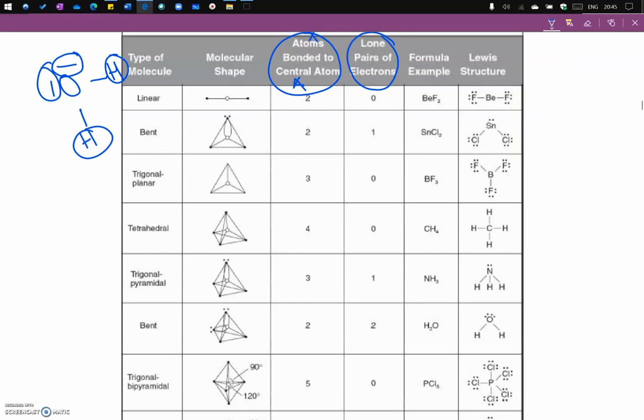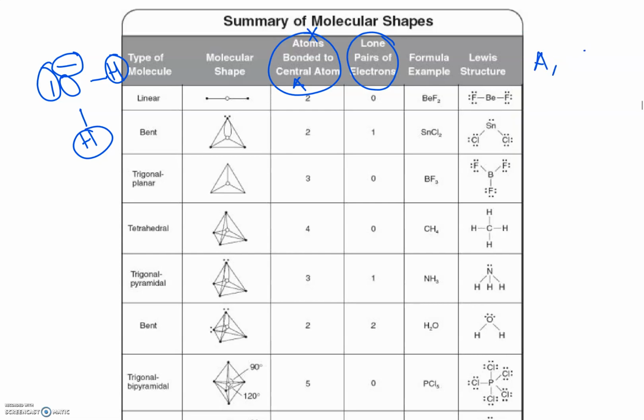So we will use the letters A, X, and E. A will be the central atom, X will be the peripheral atom or the atoms bonded to the central atom, and E is the lone pairs of electrons on A, on the central atom, okay, not on the peripheral atoms, of course.